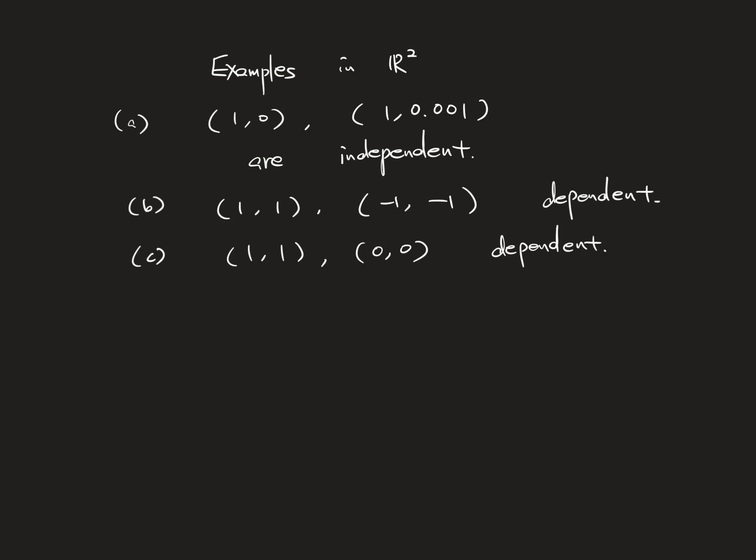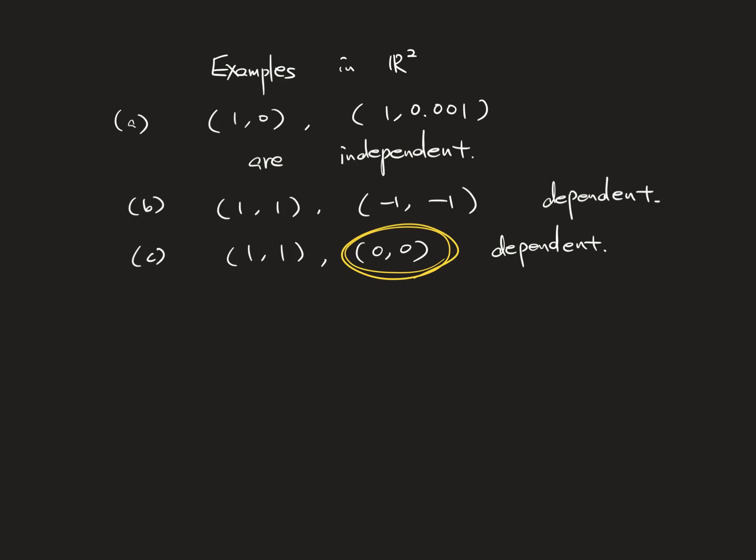You have to know that if you consider a set that includes a zero vector, then the set is always linearly dependent, because when you make a linear combination, the coefficient could be non-zero.